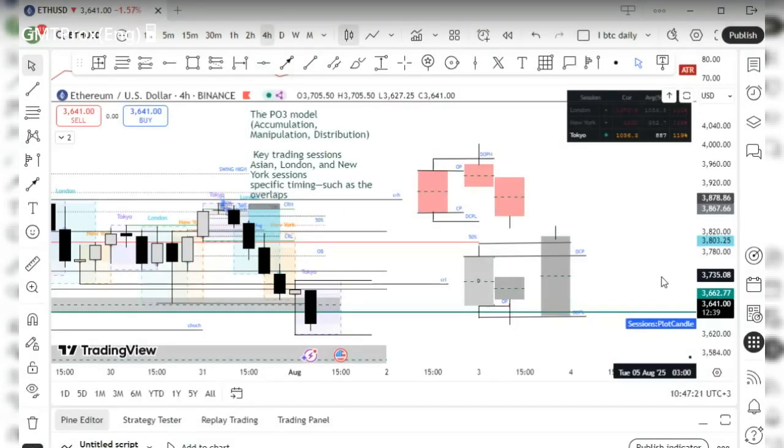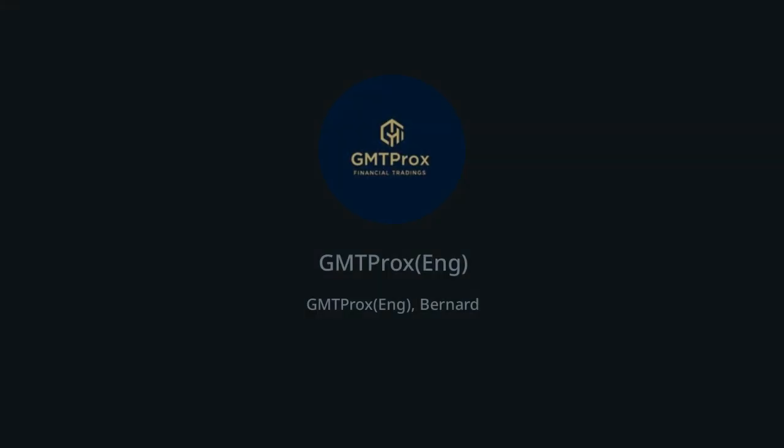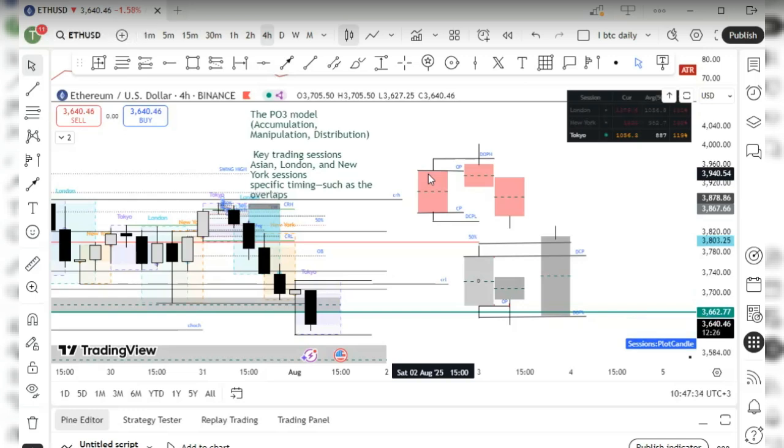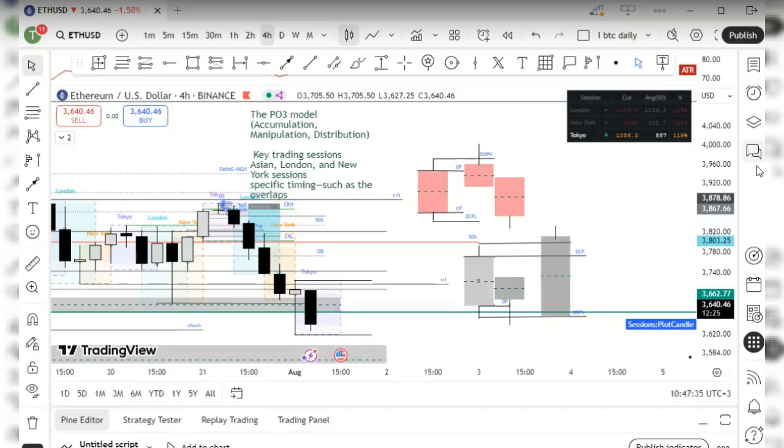So these lows and highs have to be done by the week. Now this can be a day. If you're trading the 4-hour time frame, a day gives you six 4-hour candles.